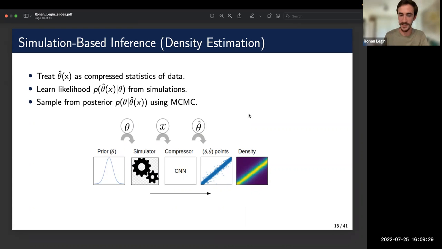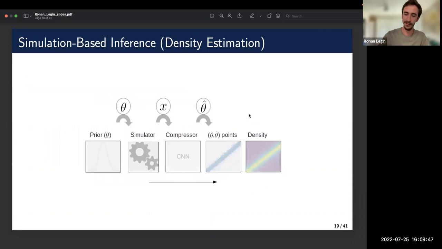This would be CNN predictions of strong lensing parameters. You learn this likelihood from a training set of simulations, and then once you have this likelihood, you can sample from a posterior over strong lensing parameters using an MCMC, for example.